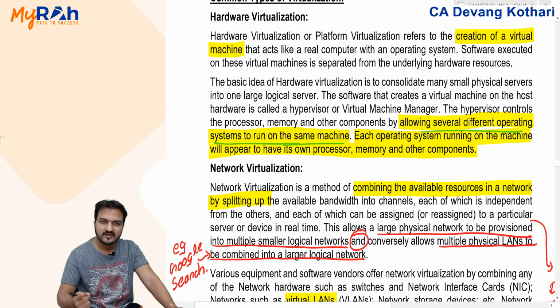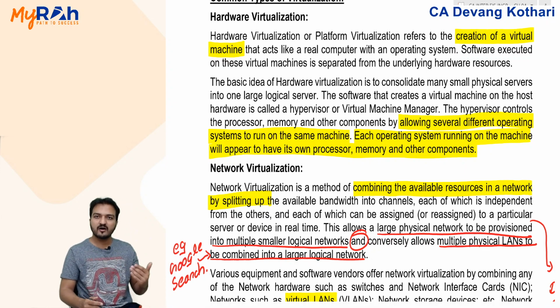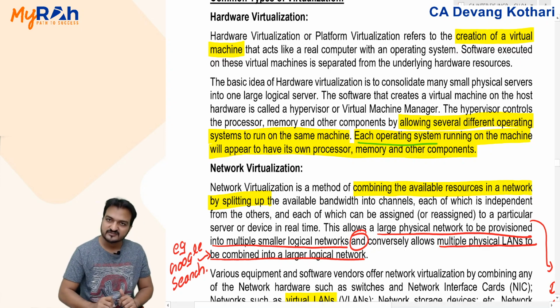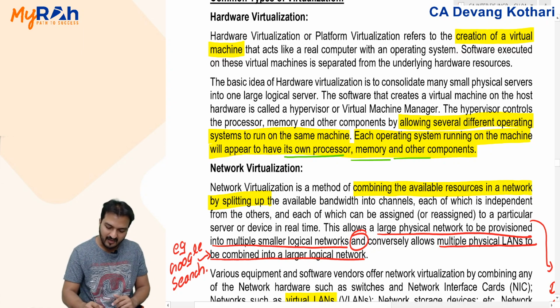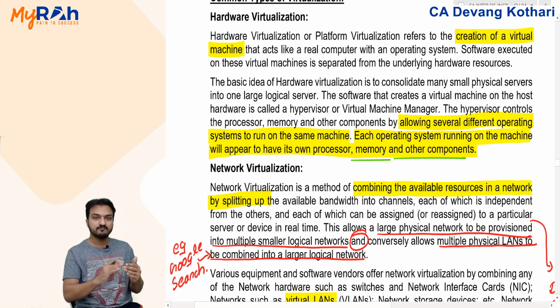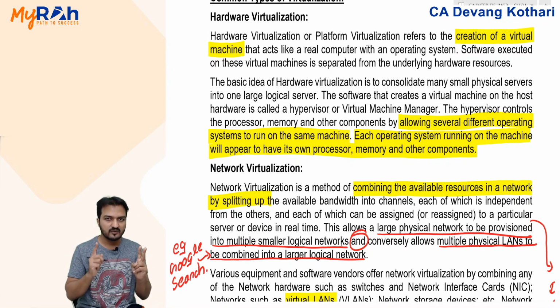More than one operating system in one computer is also an example of hardware virtualization. Why hardware? Because each operating system believes that it has its own CPU and own memory, meaning RAM, and other components. So if I have 2 operating systems in one computer, both feel that they have their own separate CPU. One is real, one is virtual.